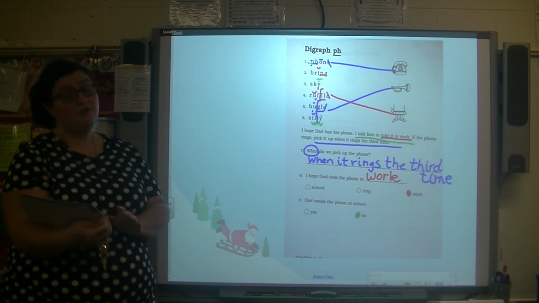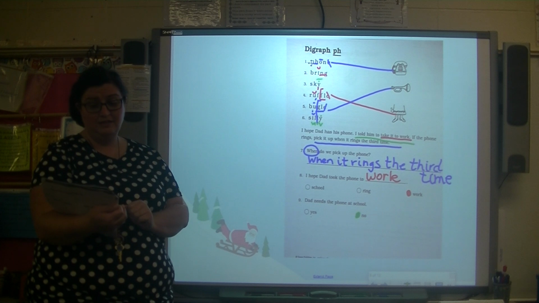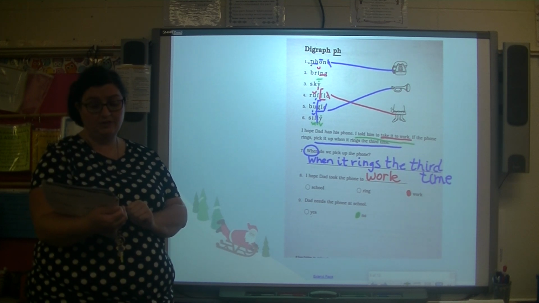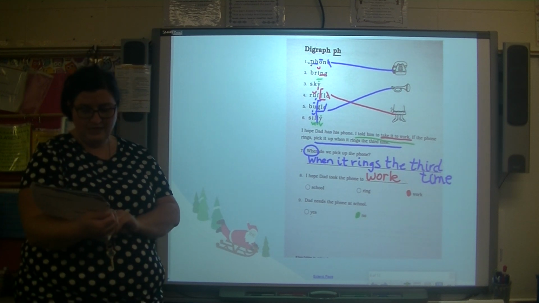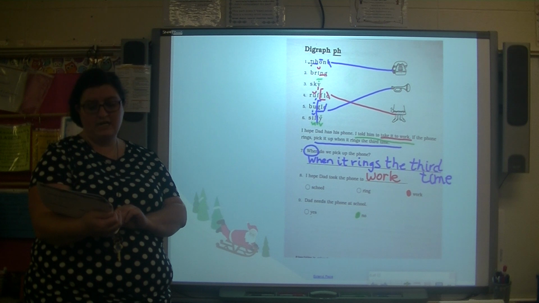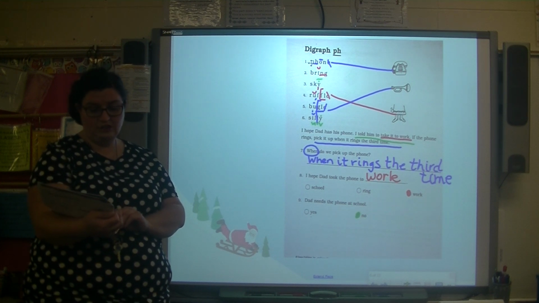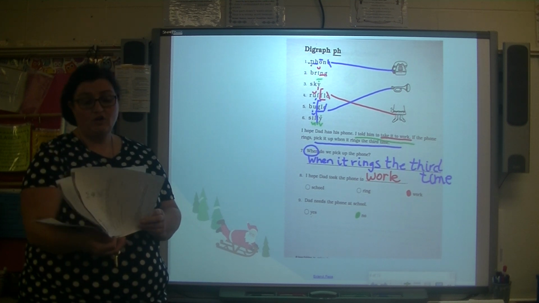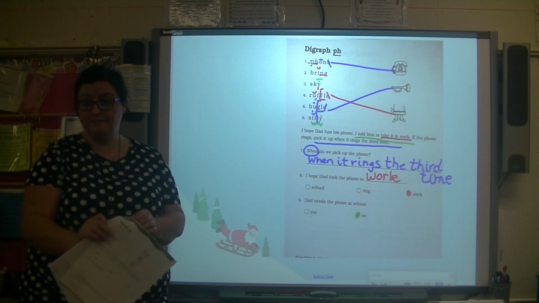Alright, on the back you have 6 words to code. And draw a line to the picture that matches. Then you're going to read and answer the questions. You have 2 questions today. You're also going to have a decodable book today.